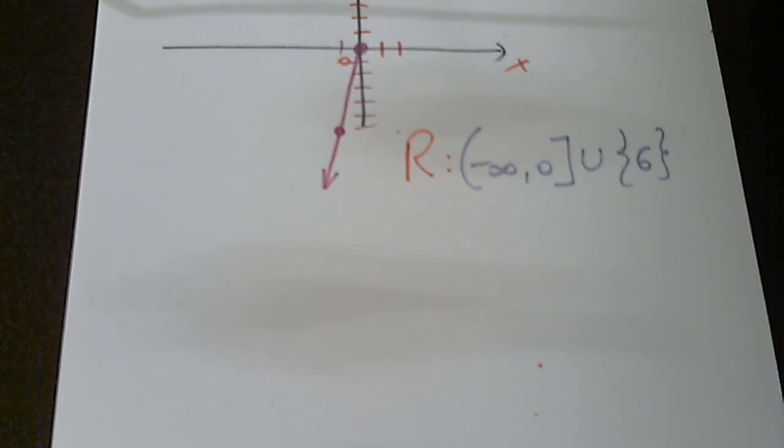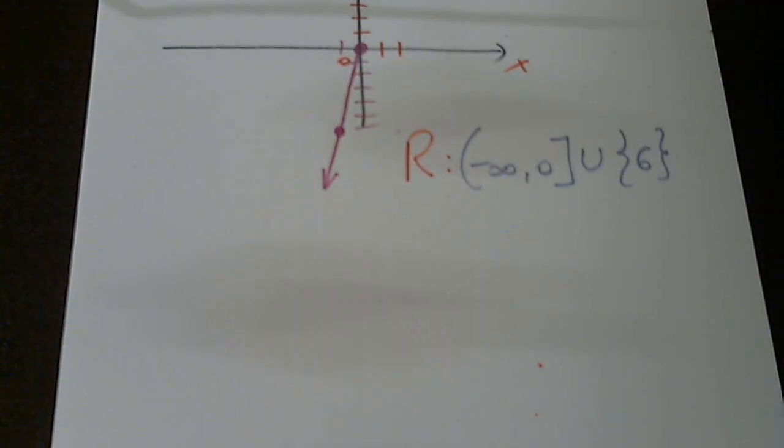What did we say tonight about the slope? 0. Horizontal. Yes, of course. It's a horizontal line. Very good. The slope of a vertical line is? Undefined. Of course, thank you.